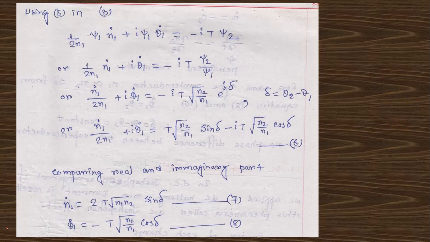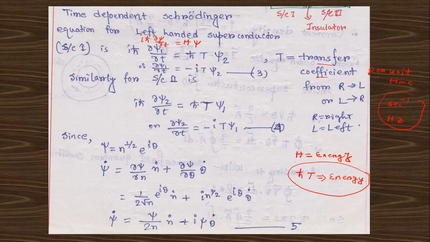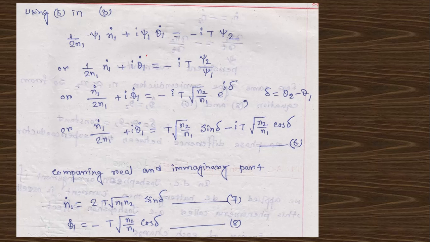So if we use 5 in 3, you just put this value and you get this expression, where delta is the phase difference.